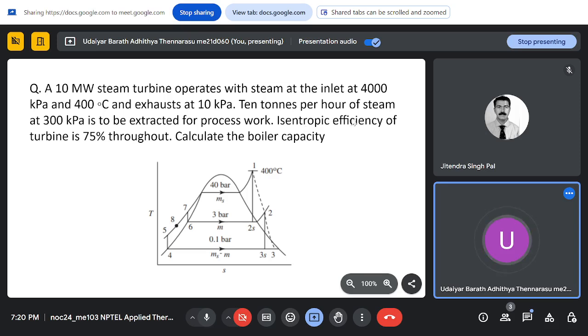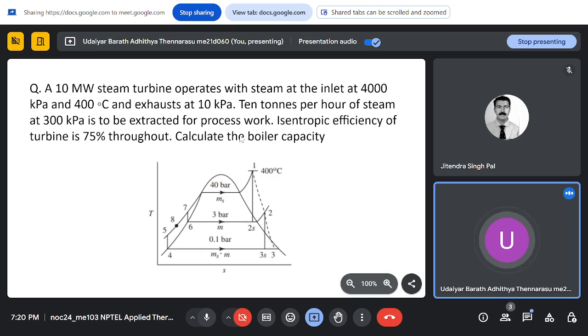Again the rest of the steam is left. So initially the steam which is passing to the turbine is Ms. From there M portion of the steam is taken away, and the rest, Ms minus M amount of steam, is again expanded in the turbine to come to state 3, which is at 10 kilopascal, which is sent to the condenser.